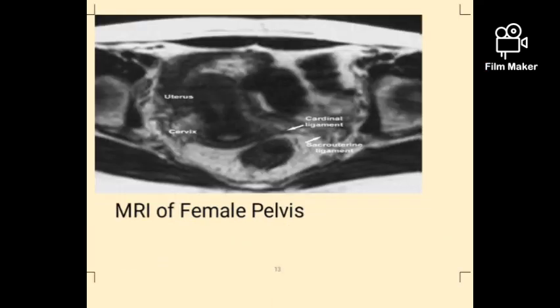Right here is an illustration of a magnetic resonance image of a female pelvis. When you take a close look, you can see the uterus and the cervix clearly. You can even appreciate the ligaments like the cardinal ligament and the sacrouterine ligament. So magnetic resonance imaging gives you a clear image not just of the viscera, but you can also see some other structures like the ligaments as well.